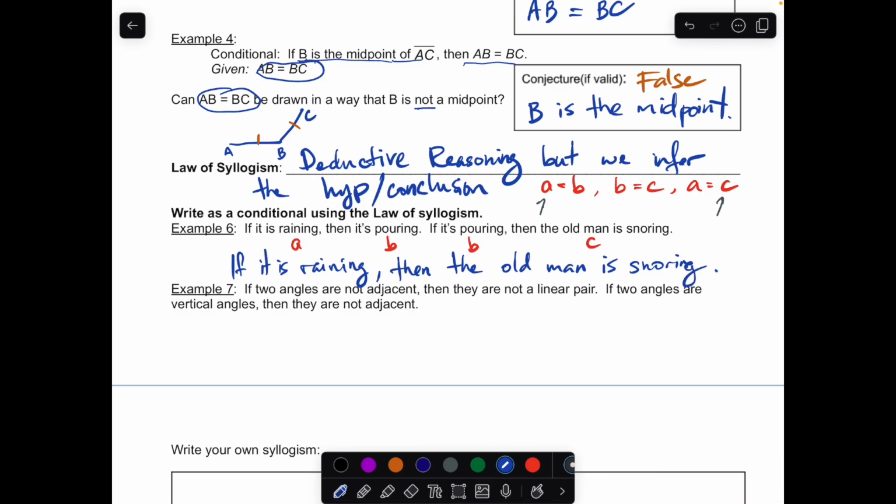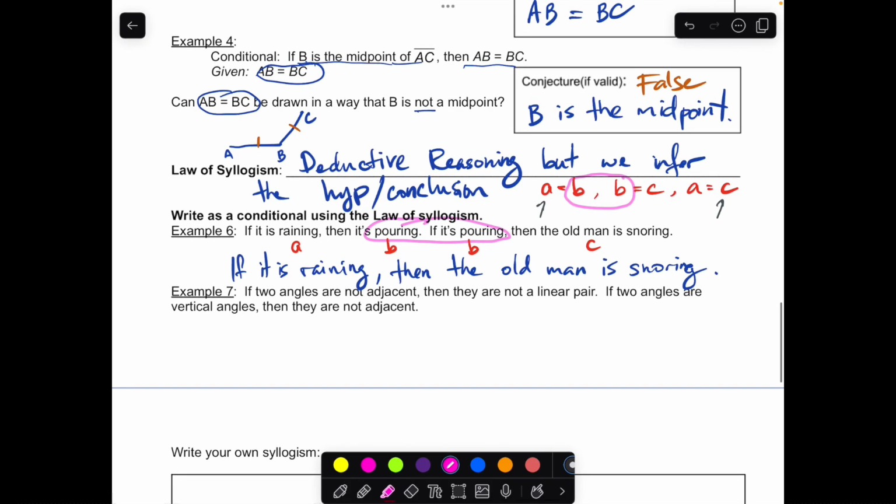Notice that the pouring part is redundant. It's said two times. So you start with the A, it's raining, and we end with the C, the old man is snoring.